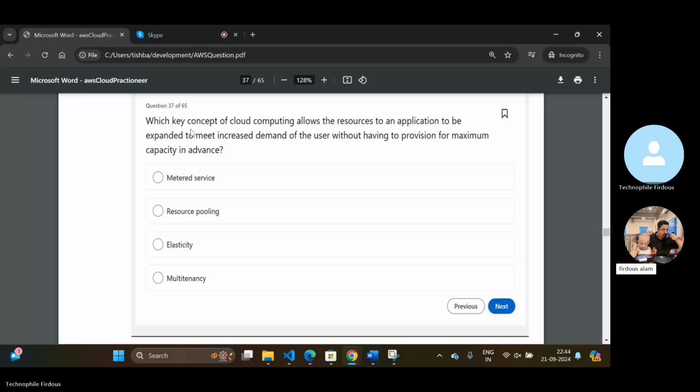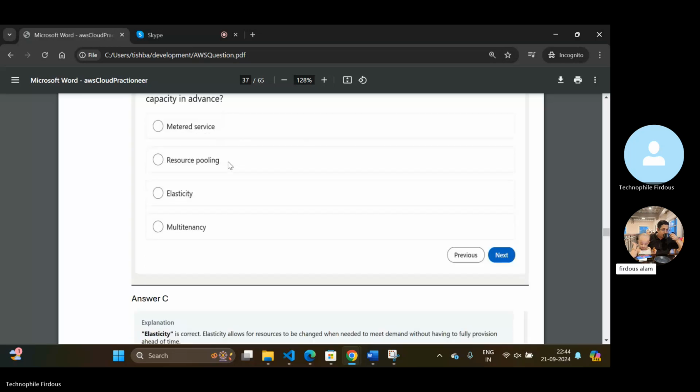Metered service means pay as per use, not expanding. So this is wrong. Resource pooling means one resource can be used by multiple users, so this is not the case for this question. Elasticity, yeah, elasticity is the correct one because elasticity means you can increase or decrease your resources as per your demand, and that's what the question is telling us. So the answer should be elasticity.